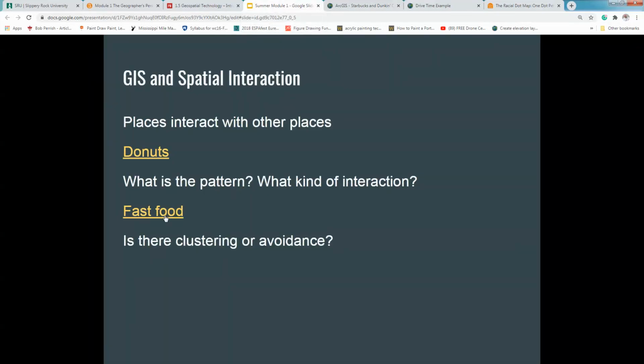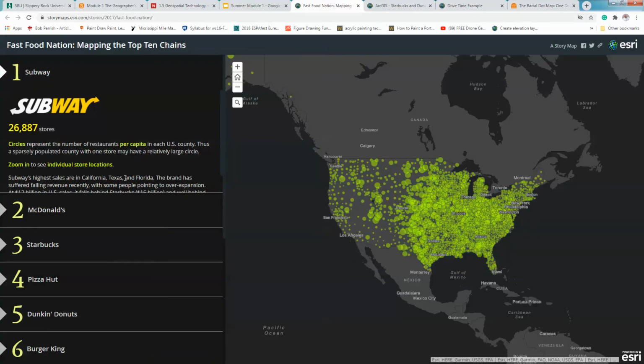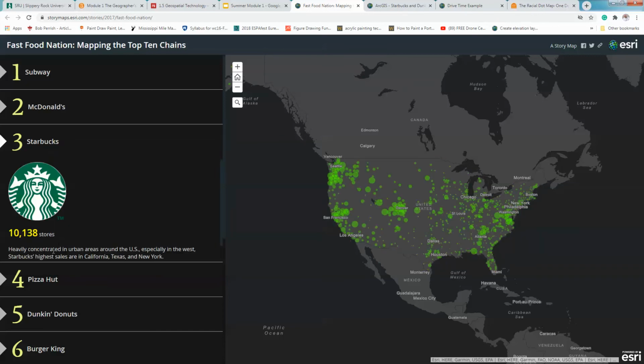We can also see this with some of the fast food patterns. In other words, when we look at fast food, and in this case what we're looking at are all of the major fast foods in the United States, and here we're looking at Subways, and the other thing that we're going to see is that Subways cluster, but they also cluster where there are people, or more people out here. And if we look at all of these, what we're going to see is that fast food tends to have a very similar pattern.